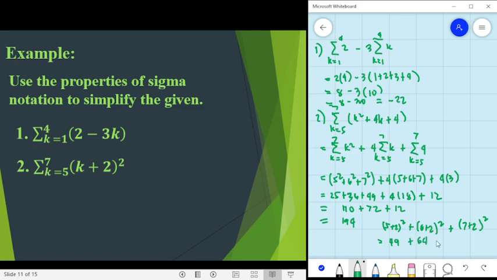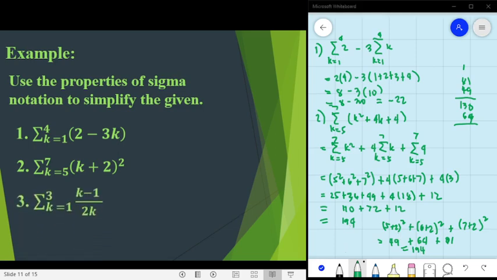Okay, 6 plus 2 is 8 squared is 64, and 7 plus 2 is 9, squared is 81. So, 49 plus 64 equals 113, plus 81 equals 194 still. So, we used a property.